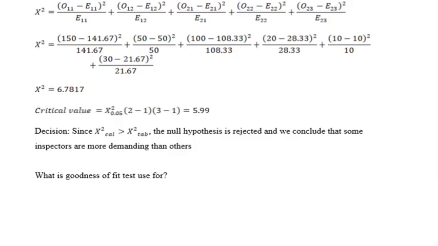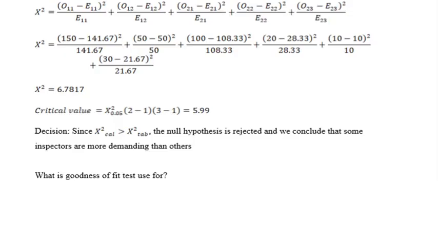We do the same for E12: observed for row 1 column 2 minus expected for row 1 column 2, all squared, all over expected for row 1 column 2. We do E21: observed for row 2 column 1 minus expected for row 2 column 1, all squared, all over expected for row 2 column 1. Then we do E22 and E23.